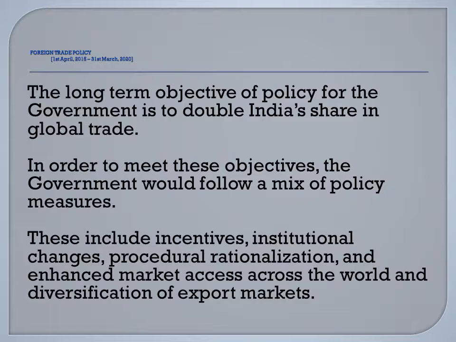In order to meet these objectives, the government would follow a mix of policy measures. These include incentives, institutional changes, procedural rationalization, enhanced market access across the world and diversification of export markets.